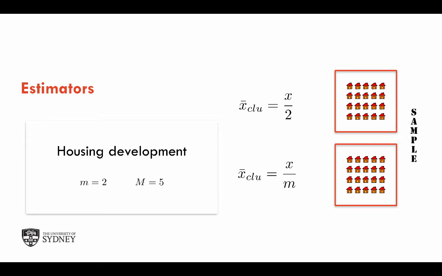So the general expression is given by x, the sum across all the sample, divided by the number of clusters. So this will give me, again, an average per cluster. But I would argue that the common interest is not at the cluster level, but at the individual level.